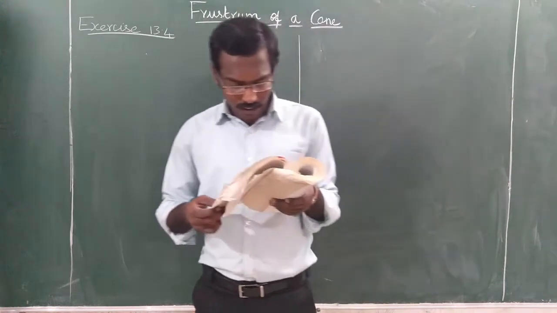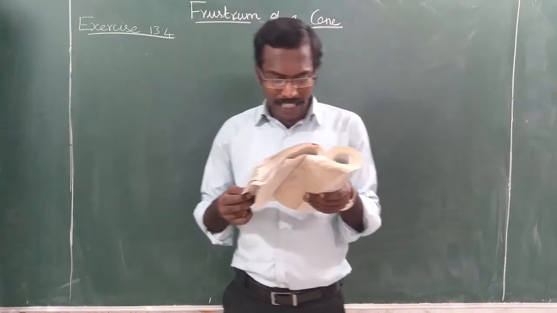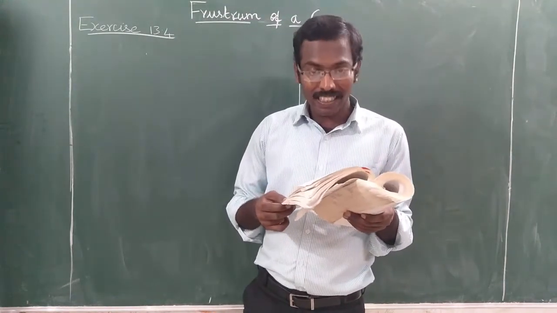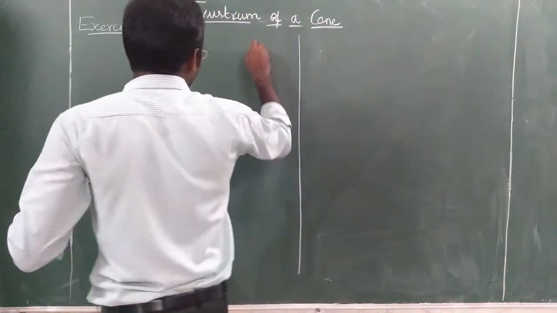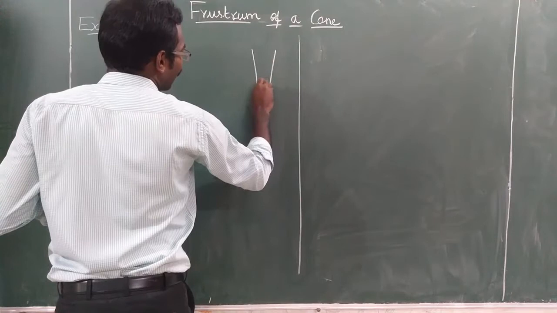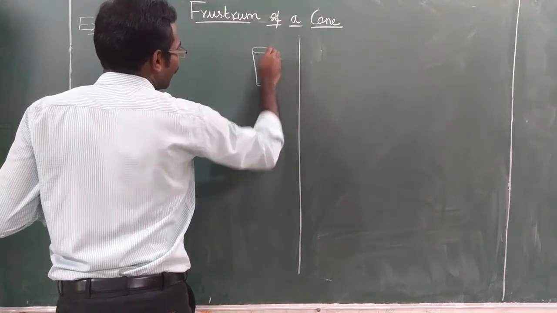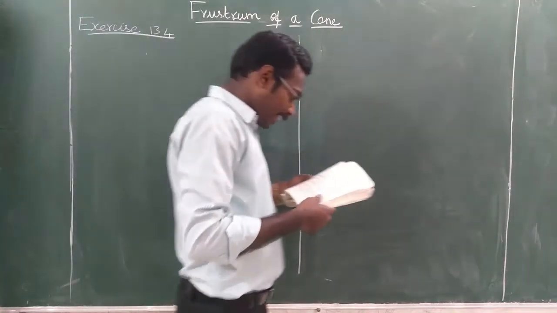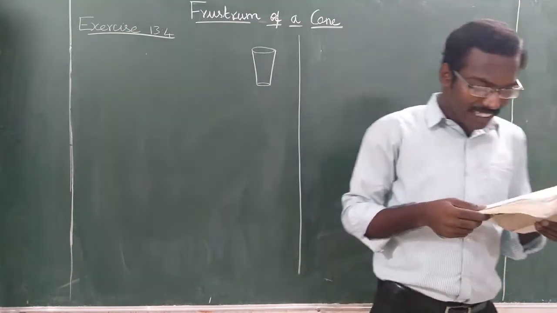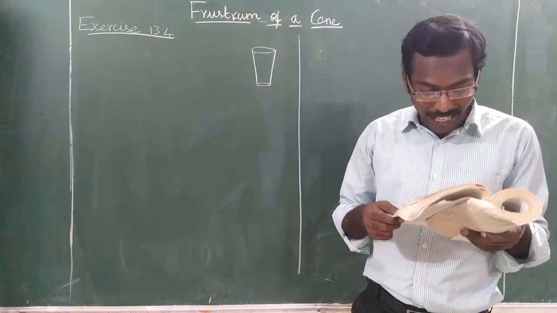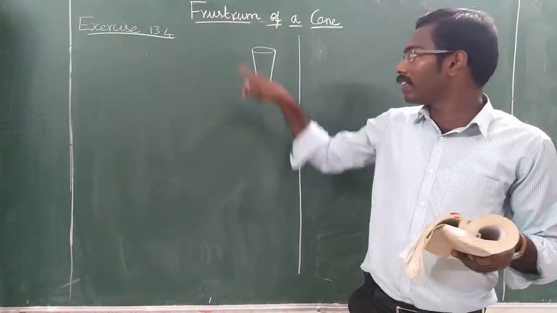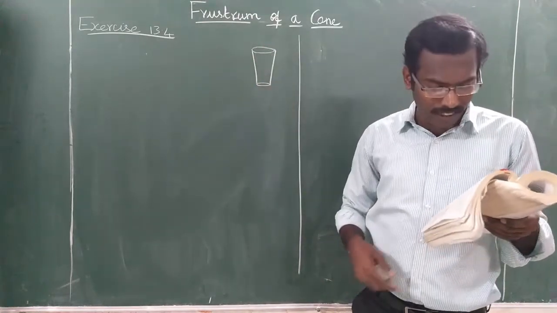Okay. So the sum is like this. First sum, a drinking glass. Glass is also in the shape of a frustum only, isn't it? Glass will be like this. Yes or no? So it will be like an inverted frustum. So a drinking glass is in the shape of a frustum of a cone of height 14 centimeter. The frustum height is 14 centimeter.